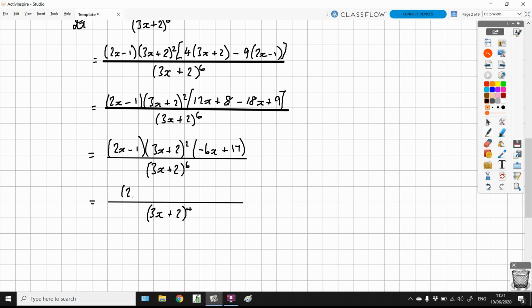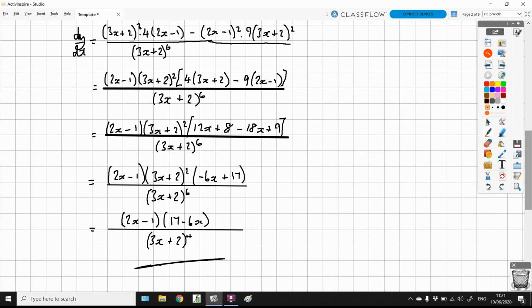And in the numerator I have 2x minus 1. That's gone. And the second bracket, I'm just going to write it in a slightly more traditional manner with the positive at the front. So 17 minus 6x. And we have now differentiated, but also tidied up the result of the differentiation.